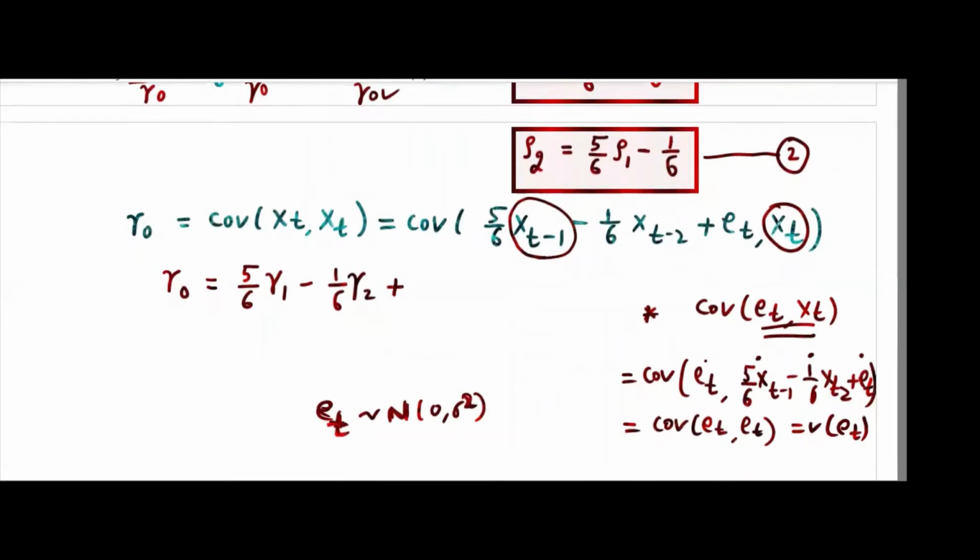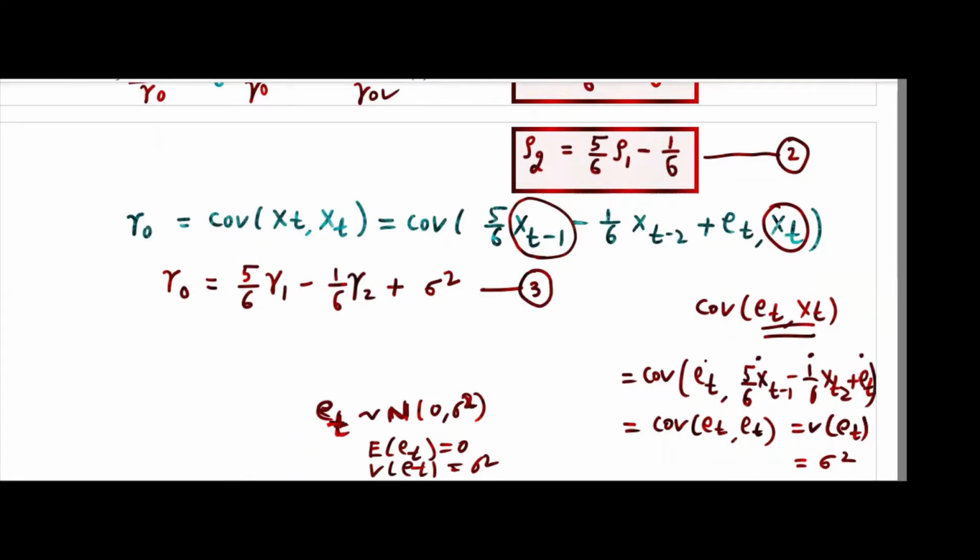Now this will be sigma square, the variance of et, expectation of all the errors is 0, variance sigma square. So you will get one sigma square term extra here. Then if you divide by gamma naught, that will come here, we will not do that. So this is equation 3, suppose.